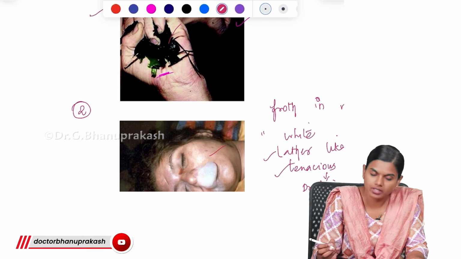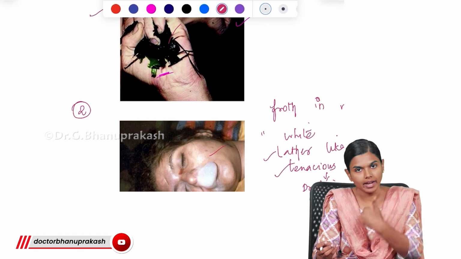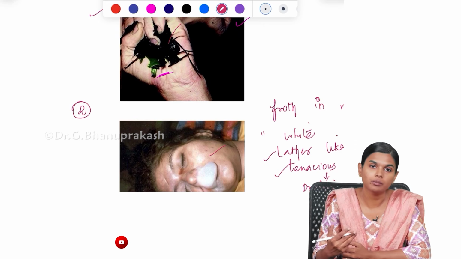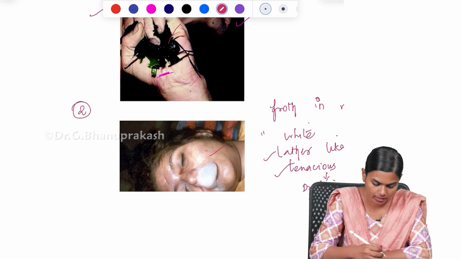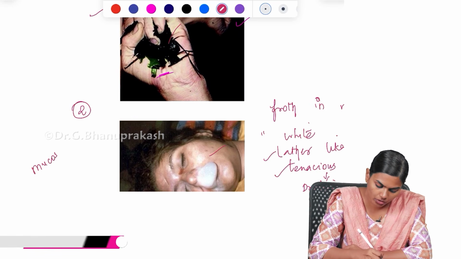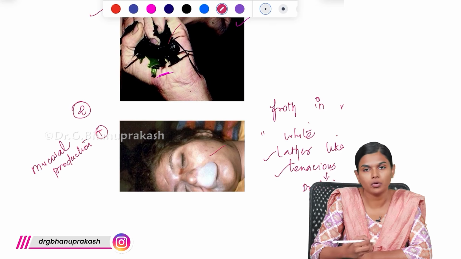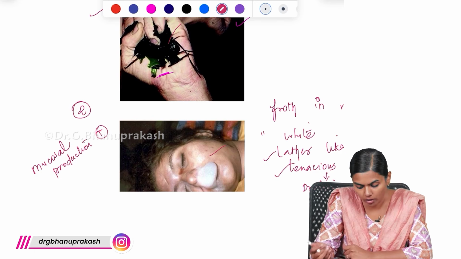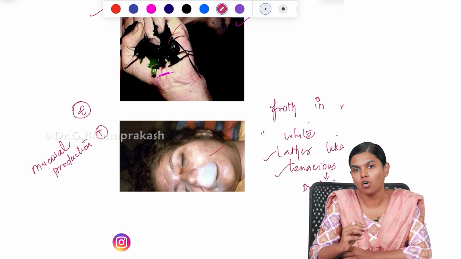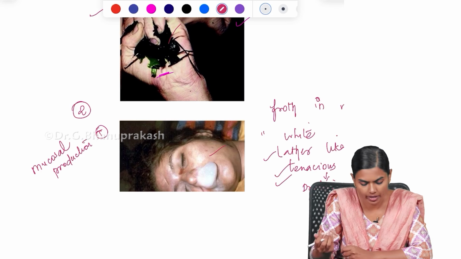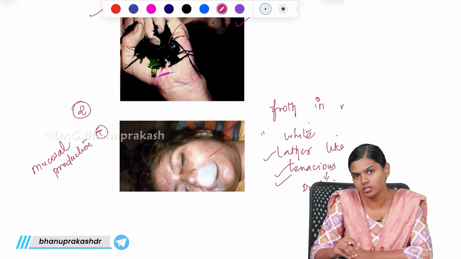What happens is that when water enters your respiratory pathway and lungs, because of the irritation, there will be a lot of production of mucus. So, mucosal production will increase, and all this mucosa consists of proteins, right? This protein along with the bubble will form this kind of tenacious structure which is hard to break. So, that is the appearance of these bubbles.